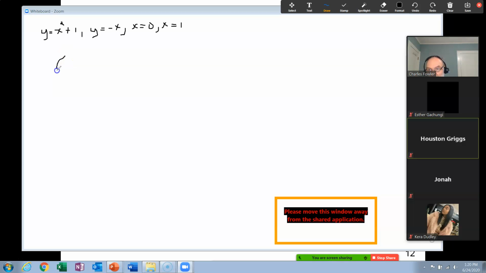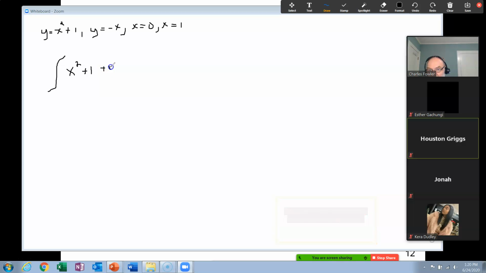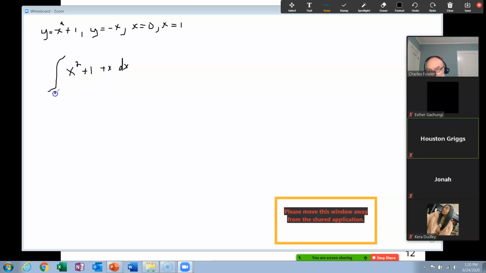That's an integral of the first one, x squared plus 1, minus the second one. Well, minus a minus x would be a plus x. And then you do your dx, the increment, and you're doing the dx's from 0 to 1.